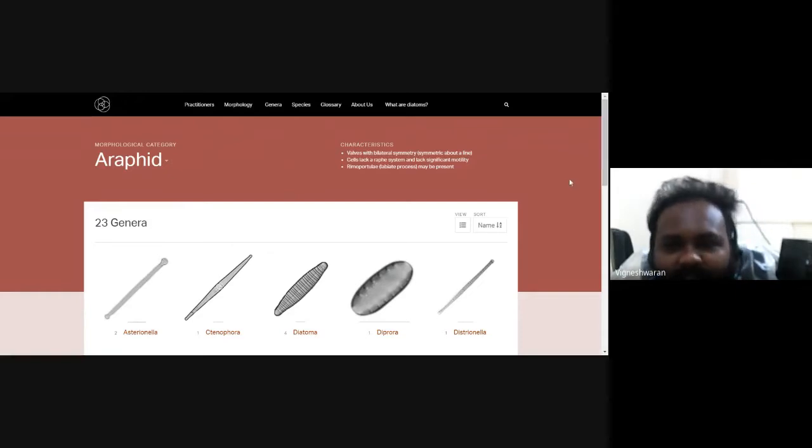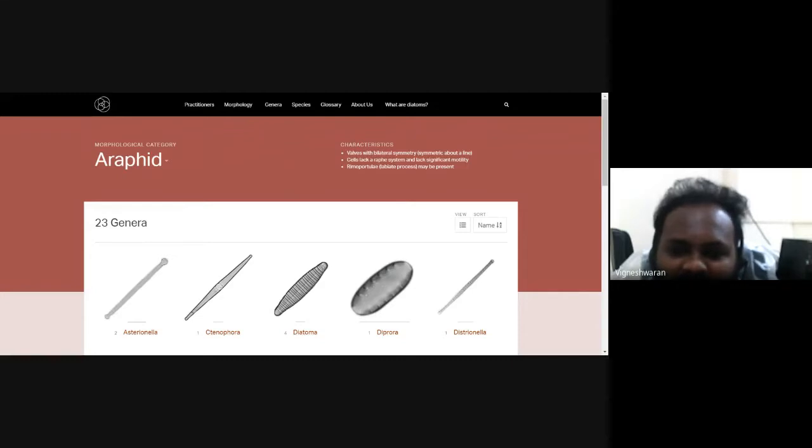In the marine environment, that is an unending story. Hardly anything we have studied there, not even 9% of the marine diatoms. Still so many diatoms are there, and there are so many things to be studied.